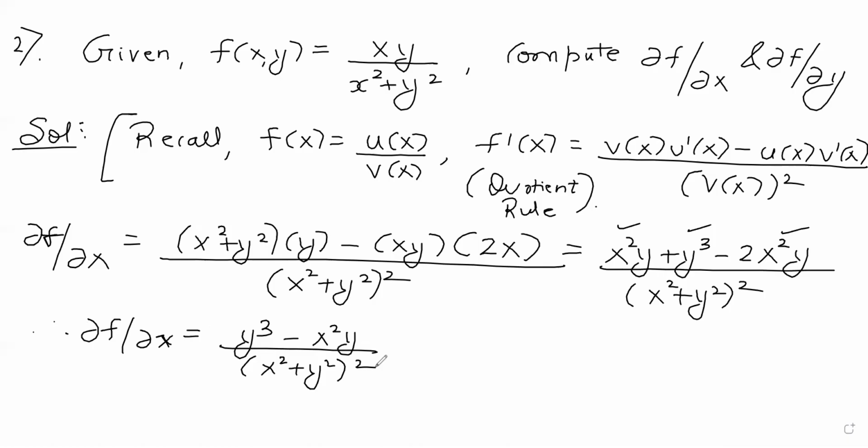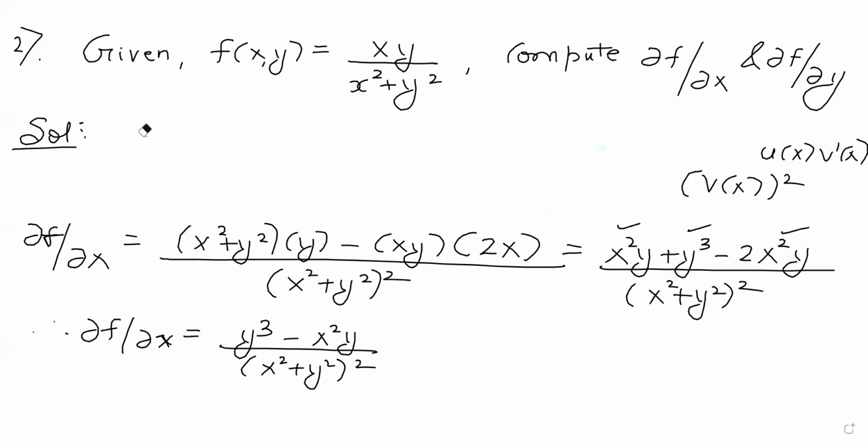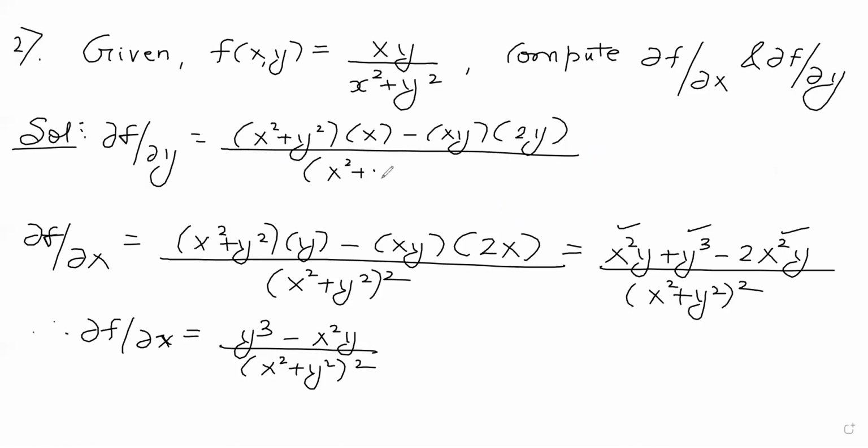Okay, and on similar lines we can quickly find out del f by del y. So for that I am erasing the quotient rule now because all students know this rule by now. So if I now find del f by del y, it's going to be denominator into numerator ka derivative minus numerator into denominator ka derivative upon denominator square.